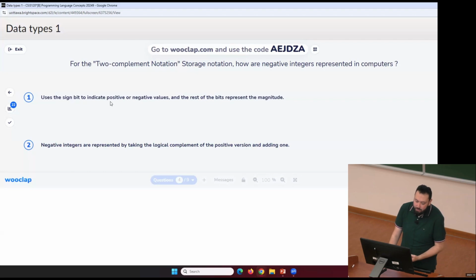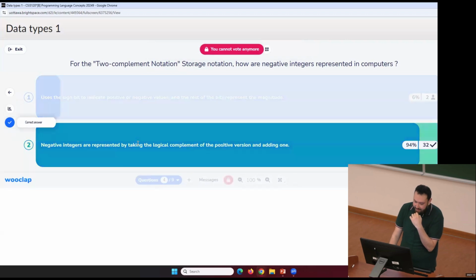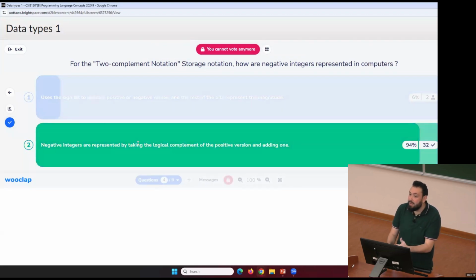Do we use the sign bit to indicate positive or negative, meaning on the leftmost we just put the sign bit, or is the negative integer represented by taking the logical complement of the positive? Which one? Yes, it's the second one. Why? Because we said it will be easier on the computers to do the arithmetic work, adding and other things.